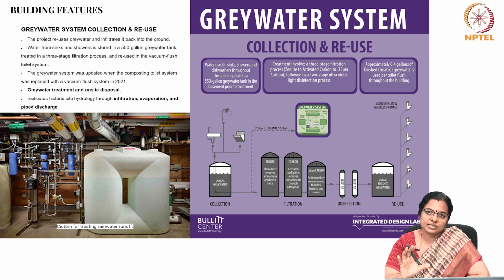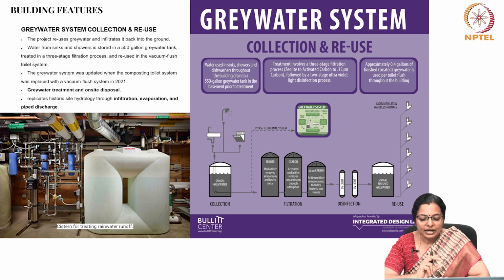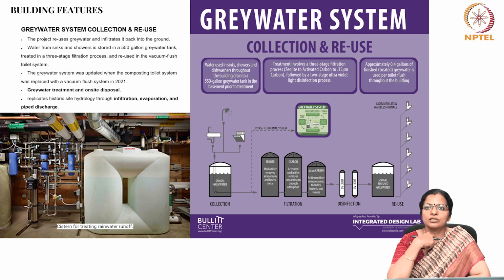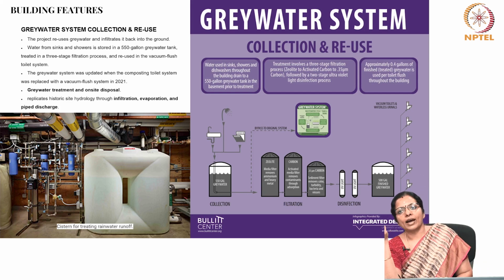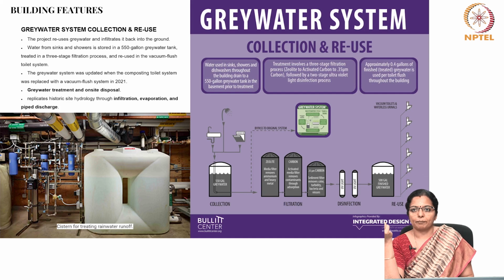Then, as a sustainable system, there is use of grey water in this building. Reuse of grey water saves a lot of energy. The project reuses grey water and infiltrates it back into the ground. Water from sinks and showers is stored in the 550-gallon grey water tank, treated in a 3-stage filtration process and reused in the vacuum flush toilet system.